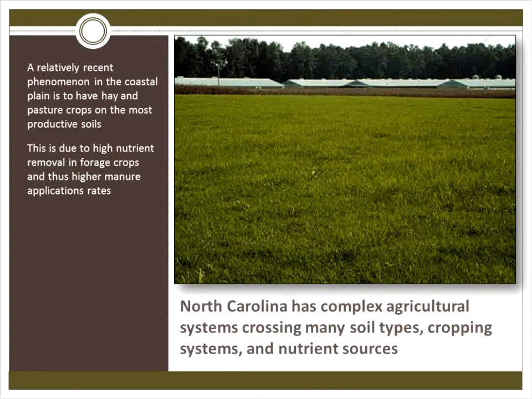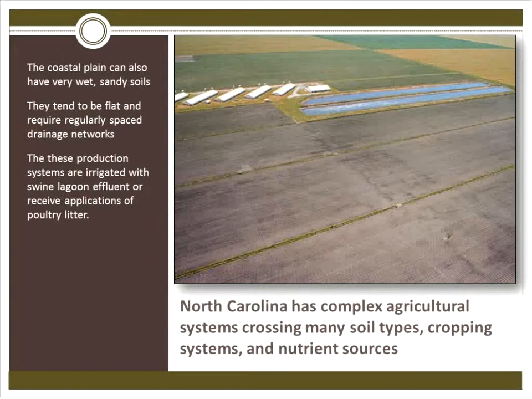A recent event with the arrival of a large swine industry has been permanent hayland going into coastal plain soils. Typically there wasn't much hay in the coastal plain, it was primarily row crops, but the swine industry has changed this. As we get closer to the ocean, our coastal plain soils can become very wet.